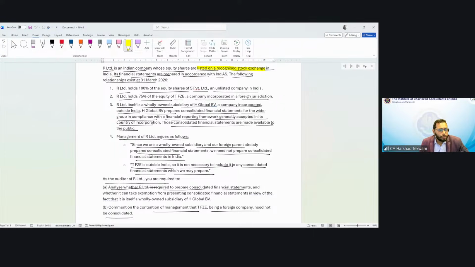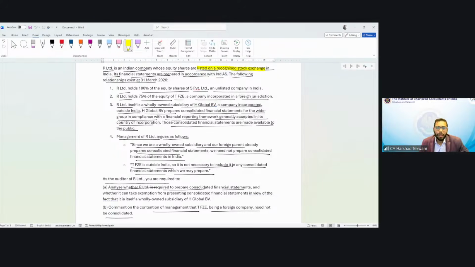If it has one or more subsidiaries, then all the subsidiaries are required to be considered. Even Ind AS does not bifurcate local and international subsidiaries. When we say all, it includes all. That is given in section 129(3). So in that scenario, we are required to prepare.